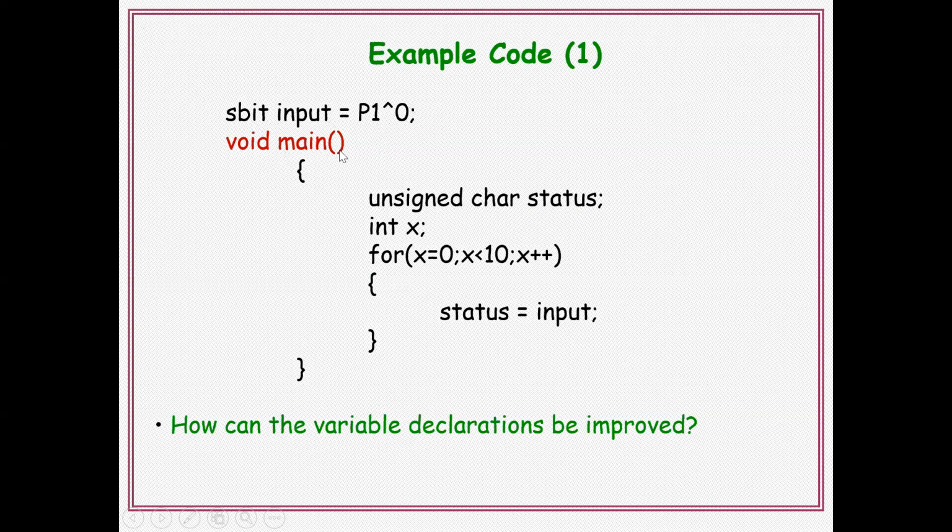So void main; we know void means the return type is null. Main program starts: unsigned char status. Here status is a variable, char type, unsigned. Then int x; for x equal to 0, x less than or equal to 10, x plus plus. Whatever the status of P1.0, that is read into status.